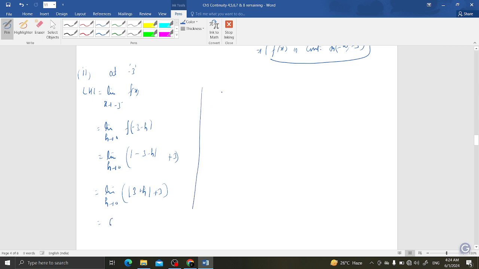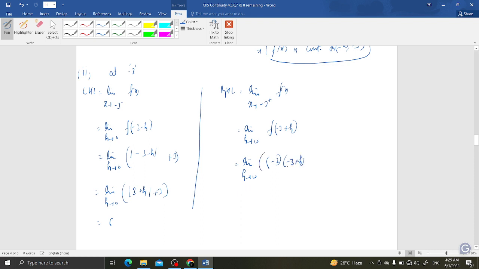Now we have RHL: limit x tends to minus 3 positive f(x), we have limit h tends to 0 f(minus 3 plus h). For this one we have minus 2 times (minus 3 plus h).